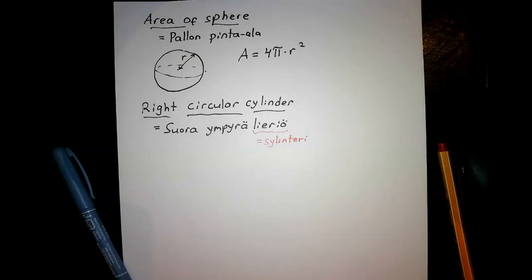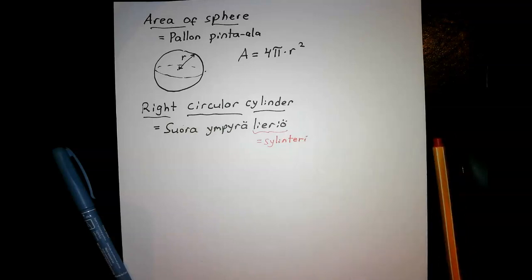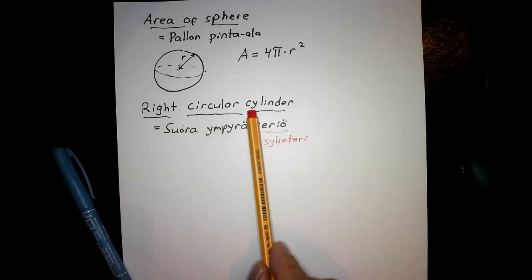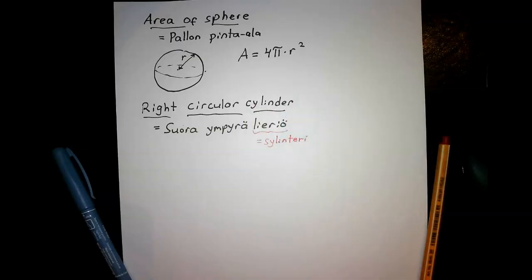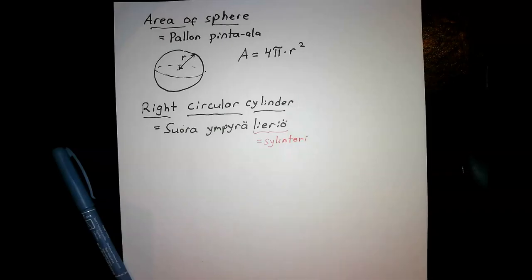I think for Finns it is easier to pronounce the words if there are vowels at the end of the words. For a Finn, this cylinder sounds strange because it doesn't end in a vowel. It's a consonant at the end of the word.